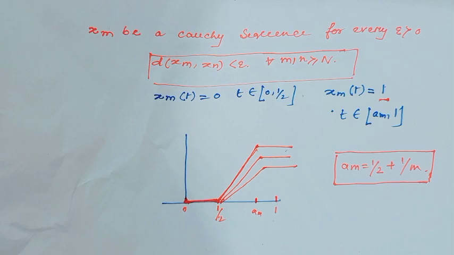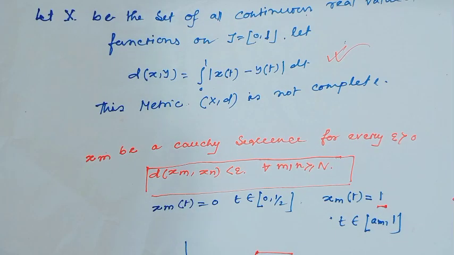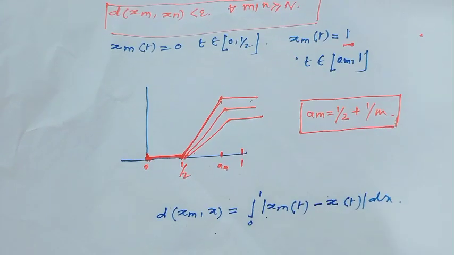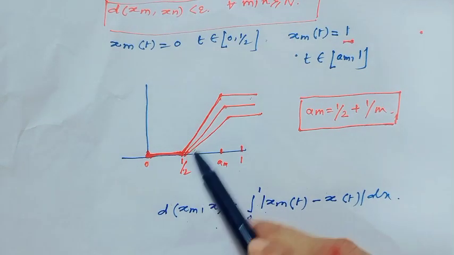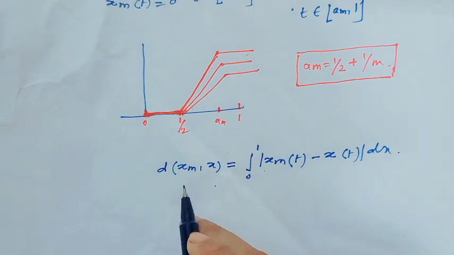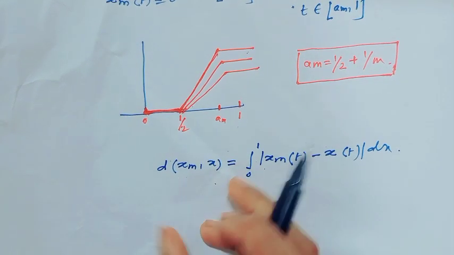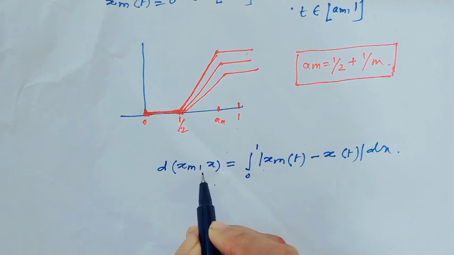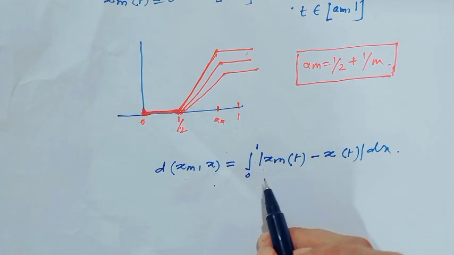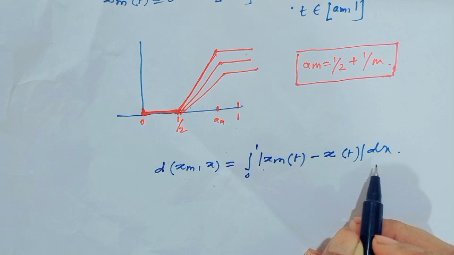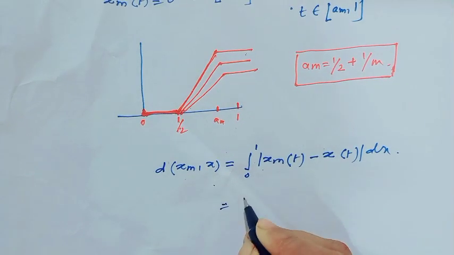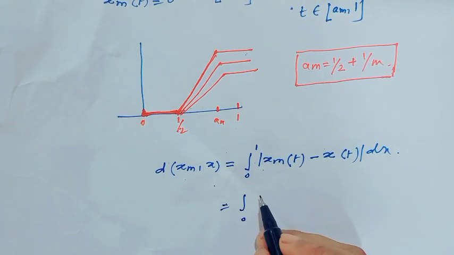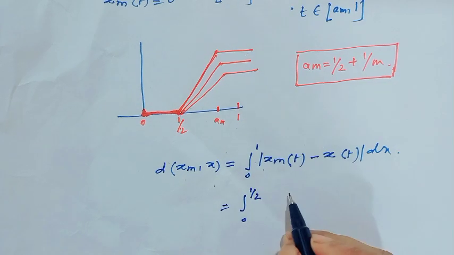Now, since the metric is defined as the integration from 0 to 1 of the absolute value of x(t) minus y(t) dt, for different values of m the graph would be different. Now consider the distance between x_m and x, which is equal to the integration from 0 to 1 of |x_m(t) minus x(t)| dt.